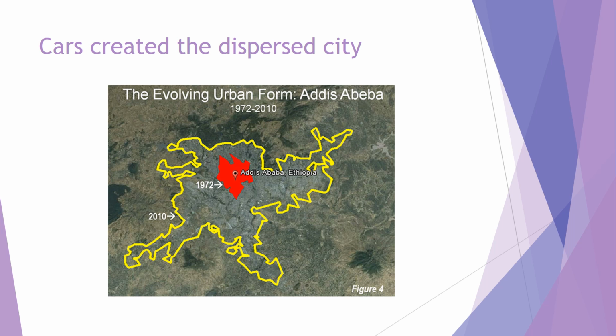Then cars came along and really opened things up again. And so no matter what area you look at, you'll see this common pattern from expansion from the ports, then along some sort of public transport line like the tram network in Hobart, and then a real opening up of the areas around that centre and around those linear corridors because of the freedom that the car brought.